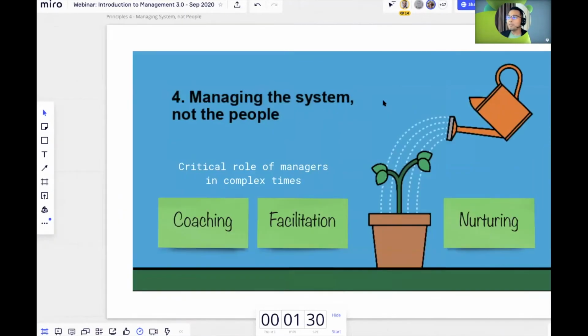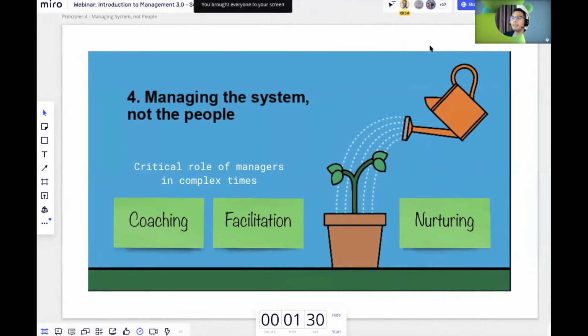So in Management 3.0, the idea is that we are no longer in a position to tell people what to do. Instead of managing people, which is the idea we are so used to, we are now in a world that is too complex for that. People now have access to cheap, great knowledge on the internet, just through their mobile phone.